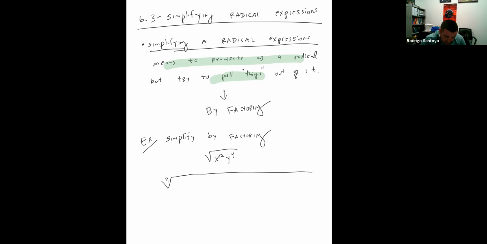I'm going to write those down. 1, 2, 3, 4, 5, 6, 7, 8, 9, 10, 11, 12 x's, and y's, 1, 2, 3, 4. Just break it all up, factor it out, pull it all apart. Any questions there?